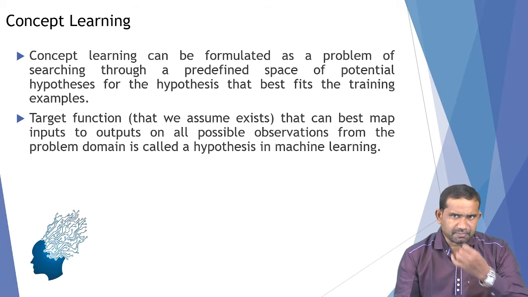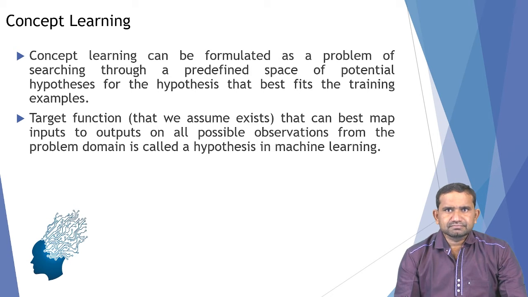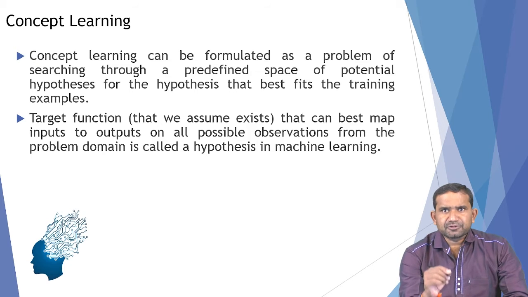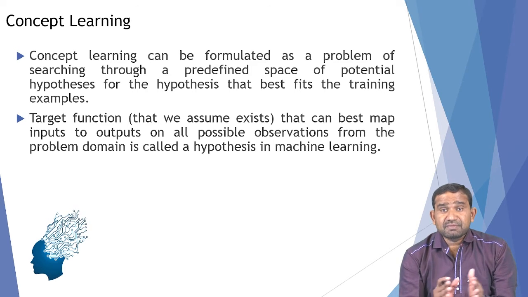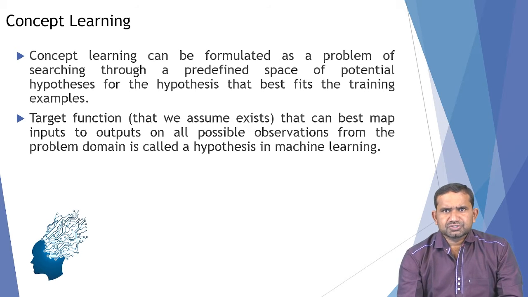The hypothesis is the best mapping of input to output from all possible observations from the problem domain. The best hypothesis in machine learning is not only mapping, but best mapping from the input to the outputs from all possible observations.